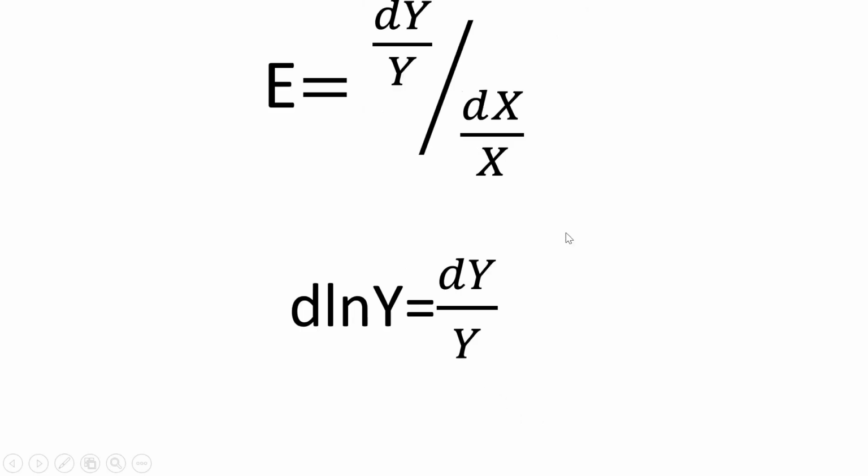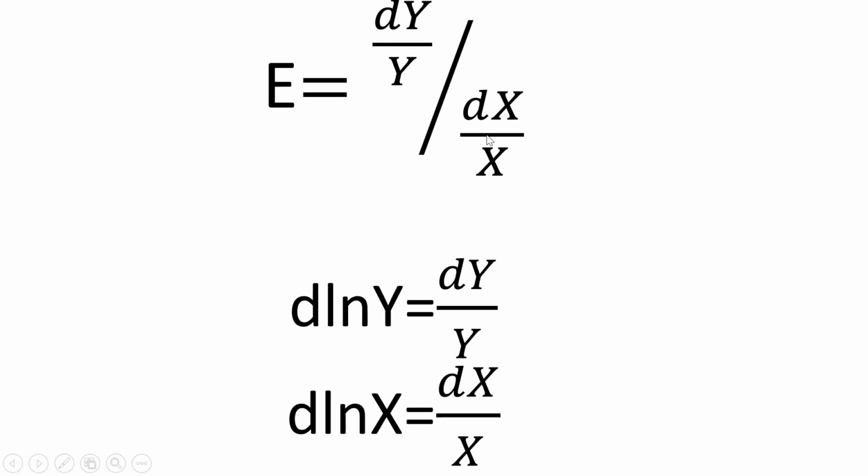Now, in calculus, when I have the differential of ln y, it is equal to dy over y. Let's put that in mind. So dy over y is the same as the differential of ln y.